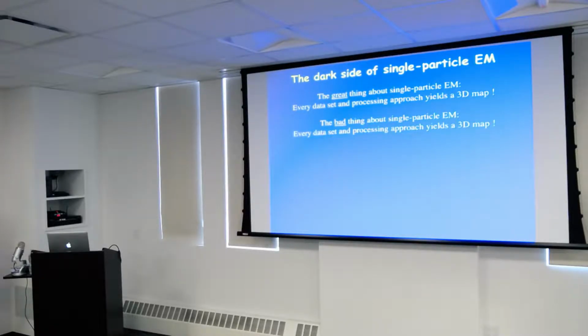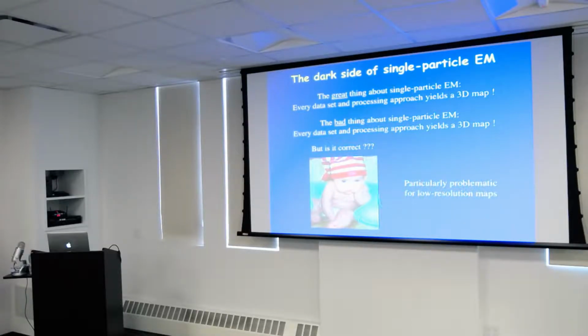However, no matter what kind of data you have and how you process it, if you do it completely wrong, you do get a 3D map. So the question then becomes, is what you get correct or not? This used to be a real problem at earlier times, when you had low resolution maps and it was very hard to get to high resolution maps.